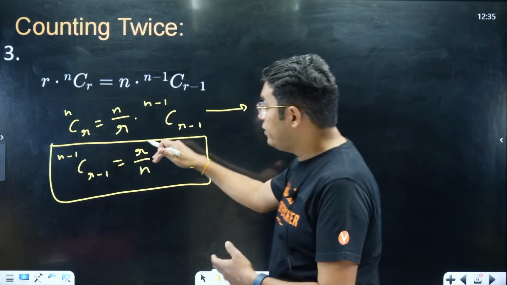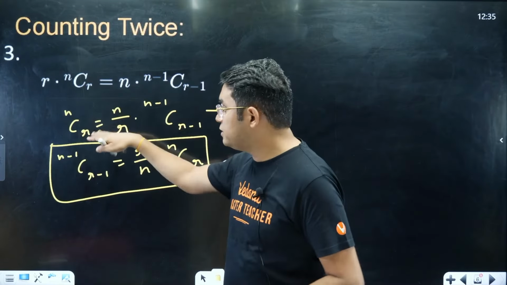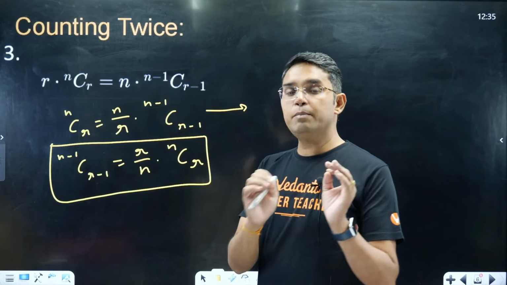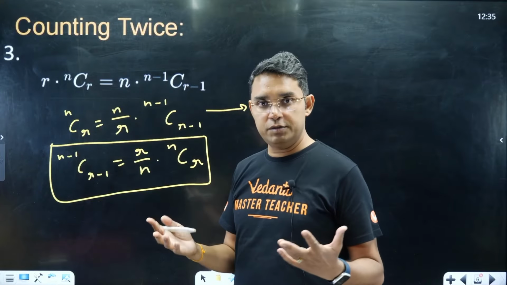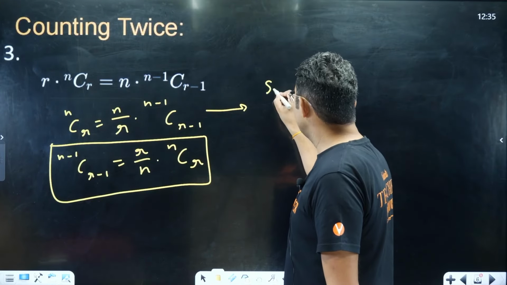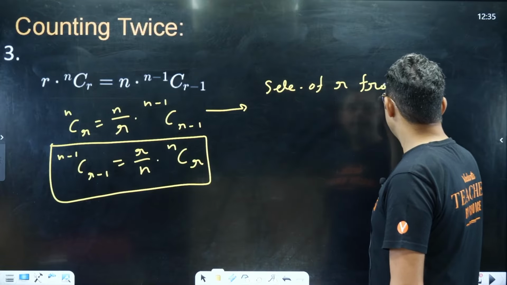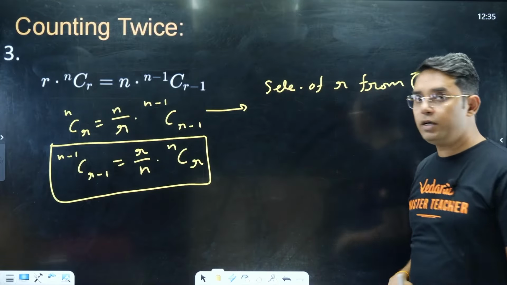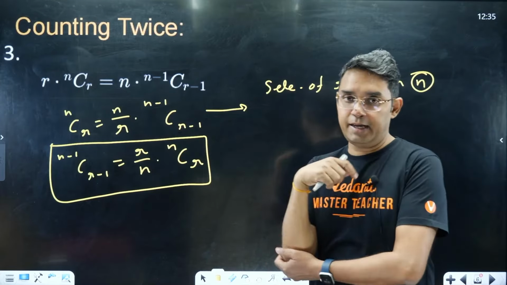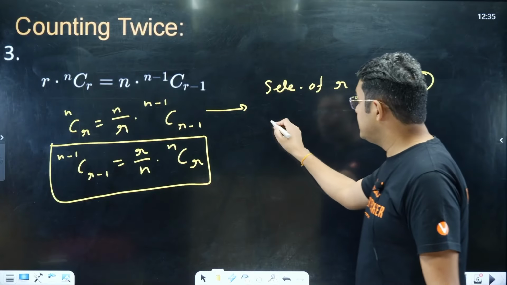Now here what we are going to do, in the left hand side, as it is very clear, we are selecting r persons from n persons. So selection of r from n. Now I will do it in two steps to get the right hand side. The first step is select 1.